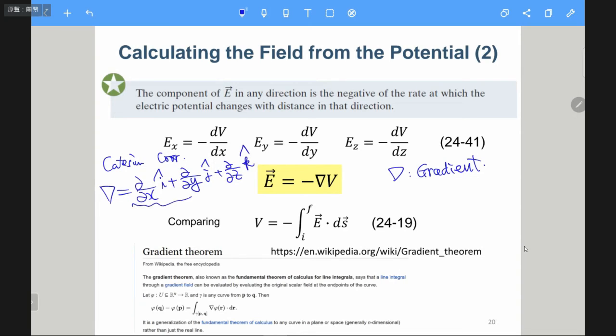So the gradient is what we call an operator. It can operate on a scalar field to convert it to a vector field.